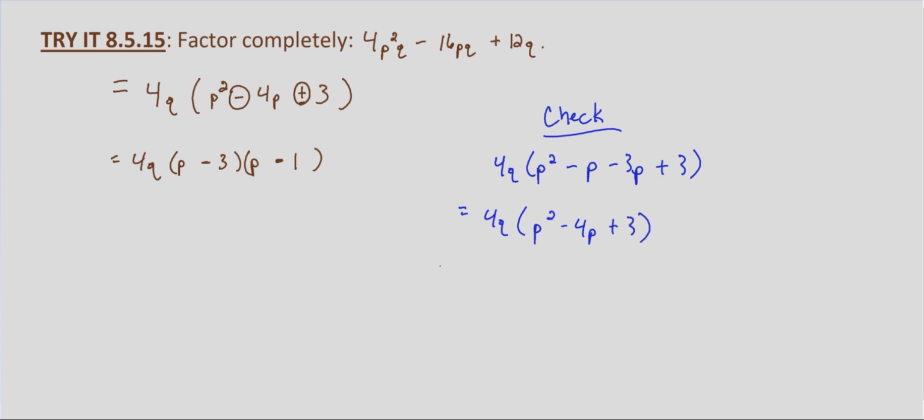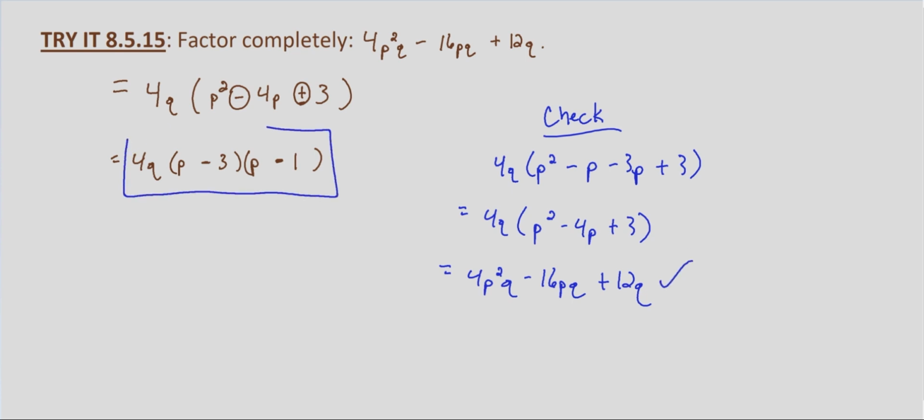Then distributing the 4q, we end up with 4p squared q minus 16pq plus 12q. And that is what we started with, so our solution checks. And our factored form of the original polynomial given is 4q times p minus 3 times p minus 1.